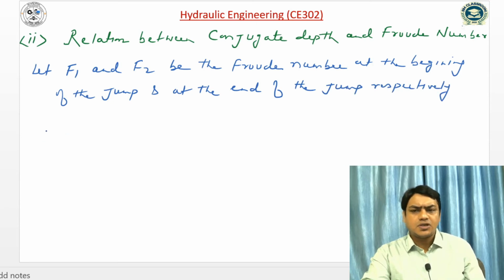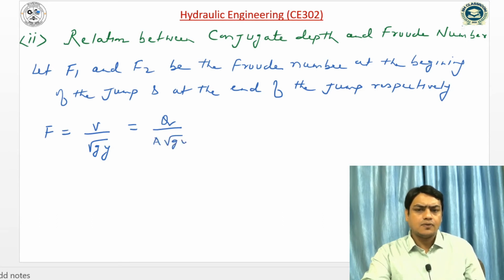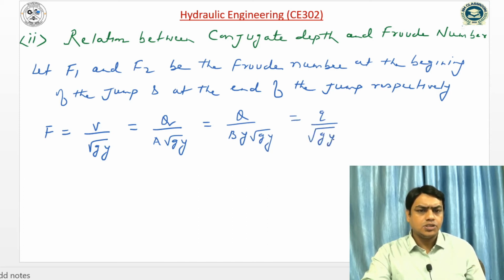So for a rectangular channel, Froude number can be written as V by square root of gy, or in terms of discharge, Q by A square root of gy, or Q by B into y square root of gy, or small q divided by square root of g y cubed.